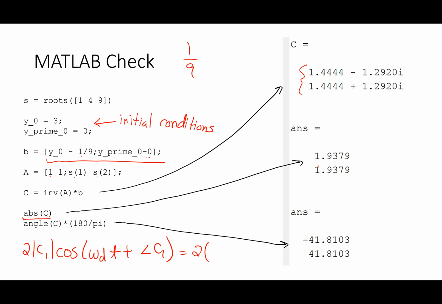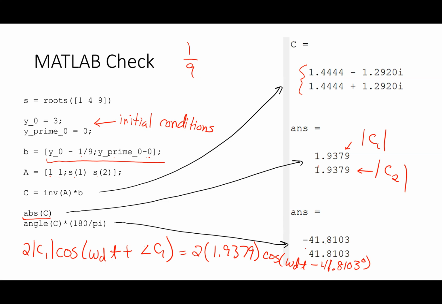So I took the absolute value of C. That means that this is the magnitude of C1, and this is the magnitude of C2. So this becomes 2 times 1.9379, all times cosine of omega dt minus 41.8103 degrees. It's the top one because this one is C1, okay?